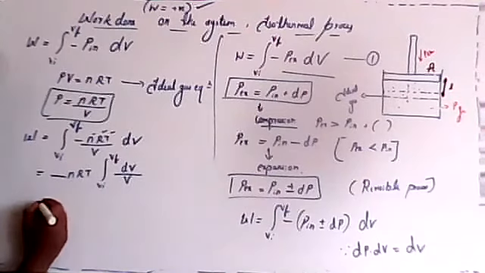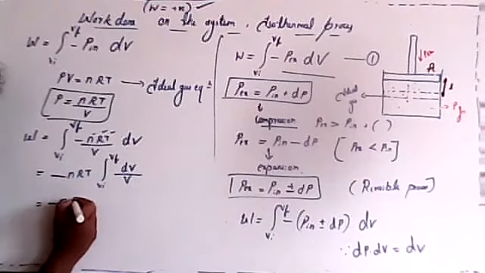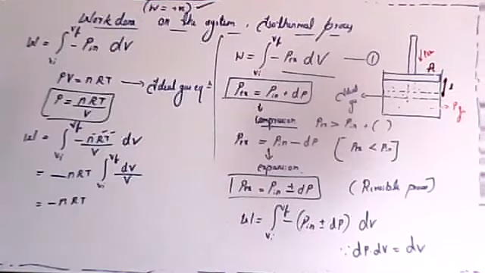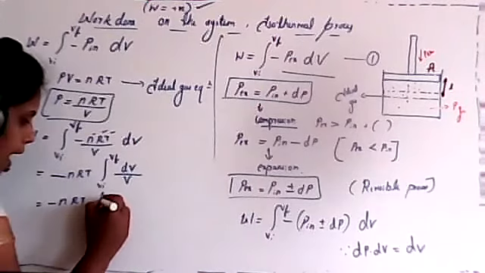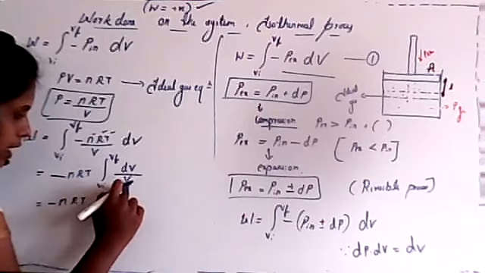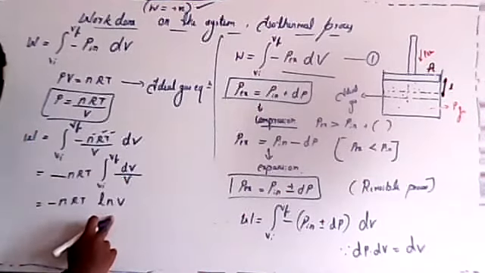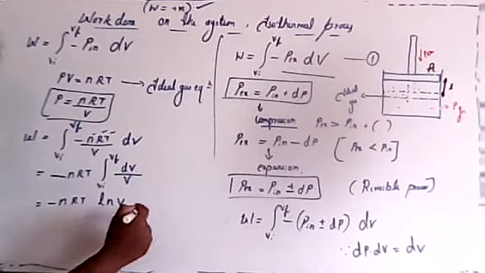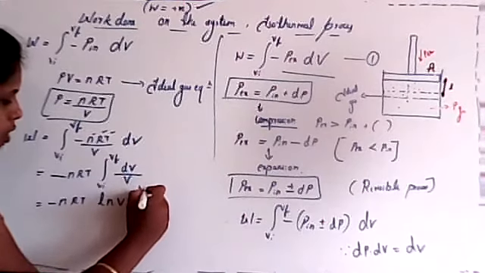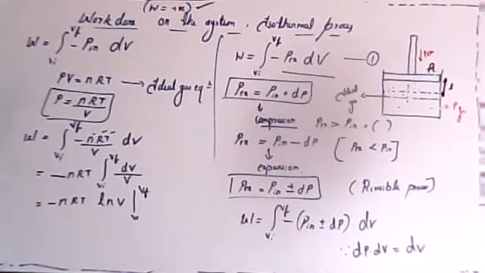So that's why the formula will be nRT ln of V. See, integration of 1 by V dV equals ln V, from Vi to Vf. Is it clear?